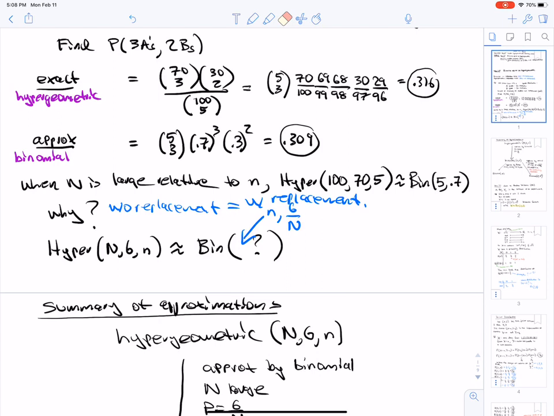So without replacement is very close to with replacement, and so hypergeometric N, G, n is approximately binomial n, G over N.